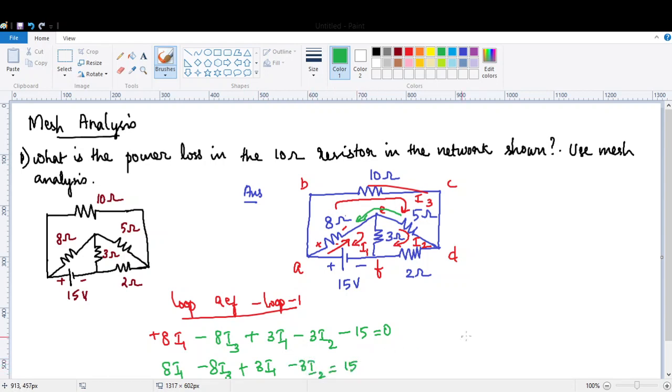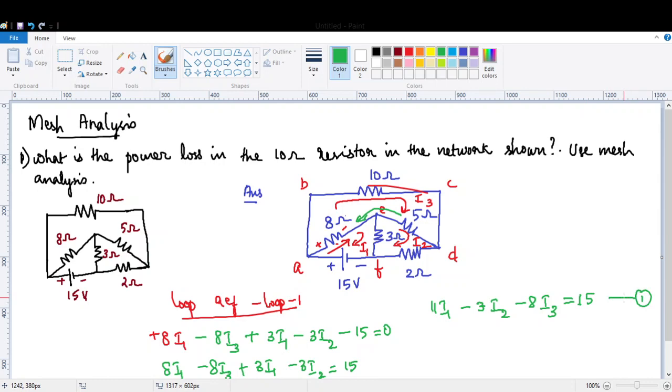I took the constant to the right side. Now I can simplify this as 8 plus 3, that is 11 I1, then minus 3 I2, minus 8 I3 is equal to 15. This will be my first equation.